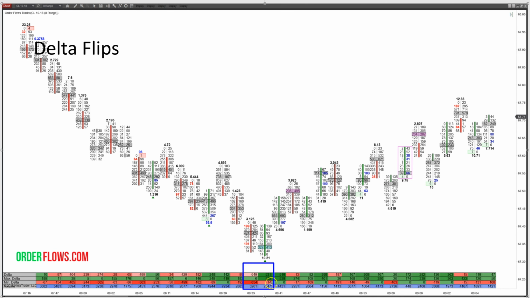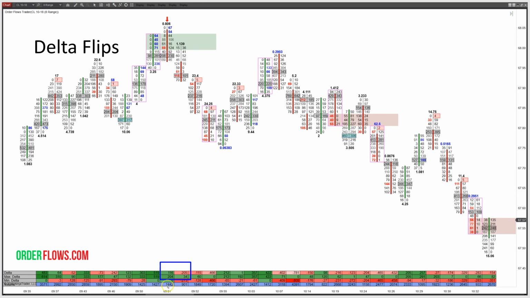Max delta is 533. The min delta is minus 14, so it's a small negative delta in the min delta here. And this is what it looks like. Basically, it went from all sellers to all buyers with very small counter trade against it in the bar.